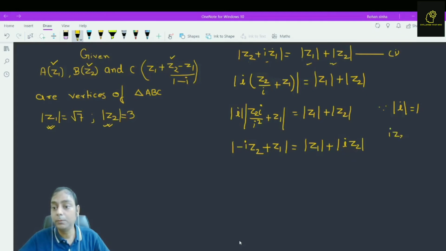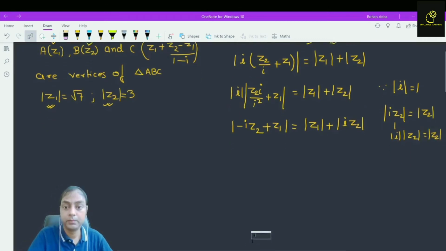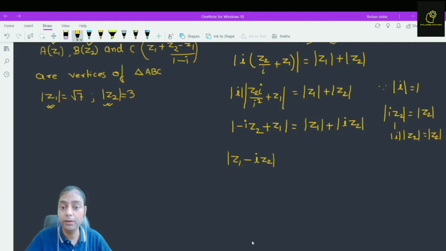Modulus of i z2 is the same as modulus of z2, because modulus of i z2 is modulus of i into modulus of z2, and modulus of i is 1. So we find modulus of (z1 - i z2) is equal to modulus of z1 plus modulus of i z2.